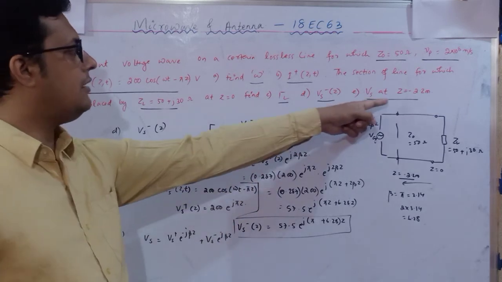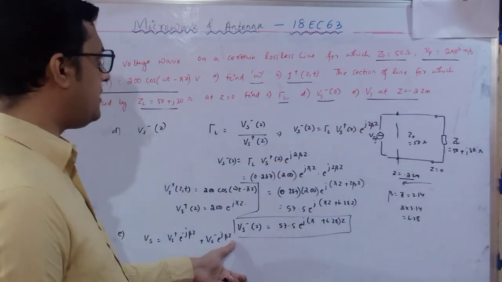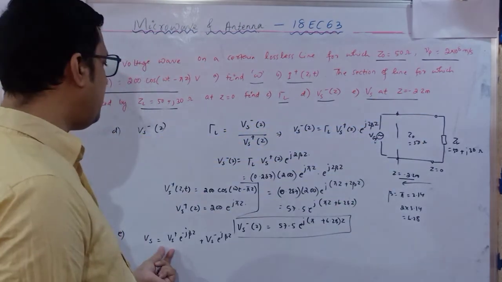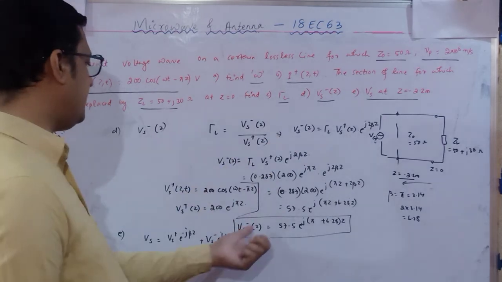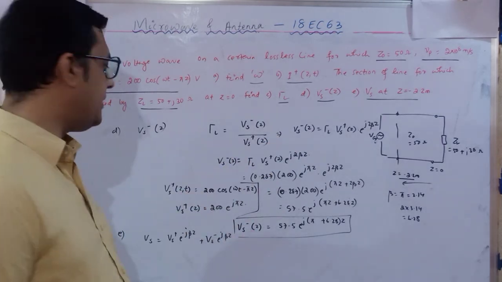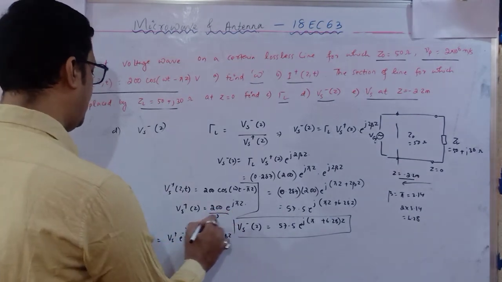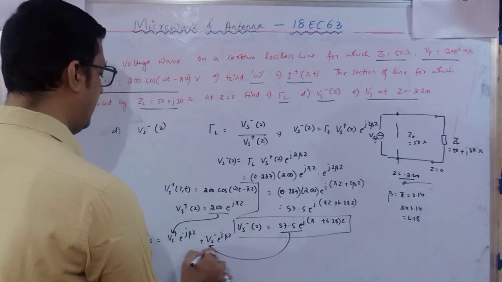Where do we have to calculate? At z equals minus 2.2. So in place of z, you have to substitute minus 2.2. Vs plus we have identified, Vs minus also we have identified. This is Vs plus, substitute this value here. This is Vs minus, substitute this value here.